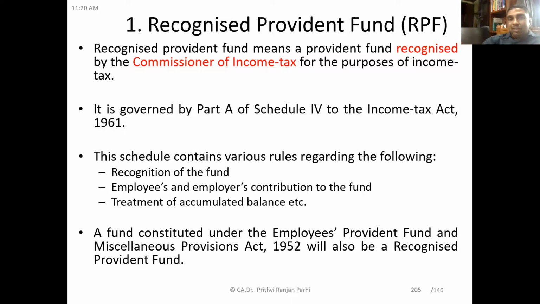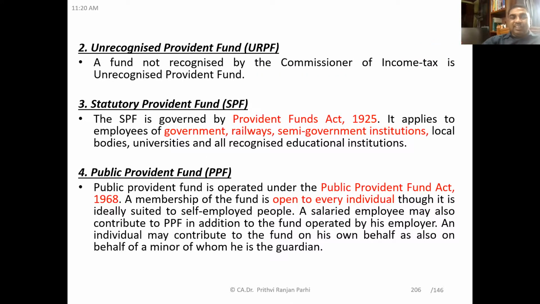If it is a recognized provident fund, it is EEE. An unrecognized provident fund is not recognized by the Commissioner of Income Tax. A statutory provident fund is governed by the Provident Funds Act 1925. It applies to government employees, railway employees, semi-government institutions, local bodies, universities, and all recognized educational institutions. Public Provident Fund is operated under the Public Provident Fund Act 1968.